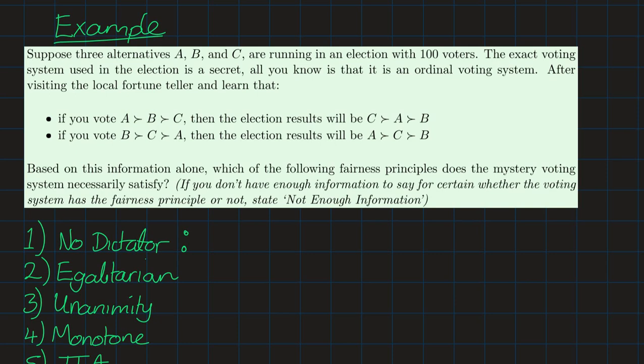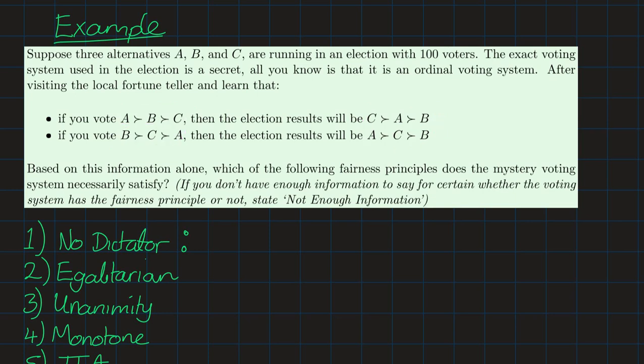Well, is someone else a dictator? If someone else was the dictator, it wouldn't matter what you did, right? If one of the other voters was a dictator, it makes no difference how you vote. But how you vote does actually change the outcome.